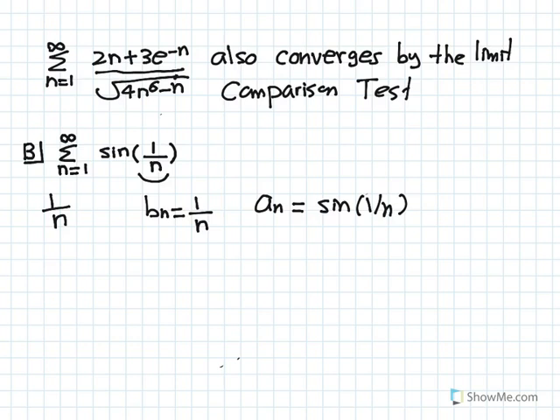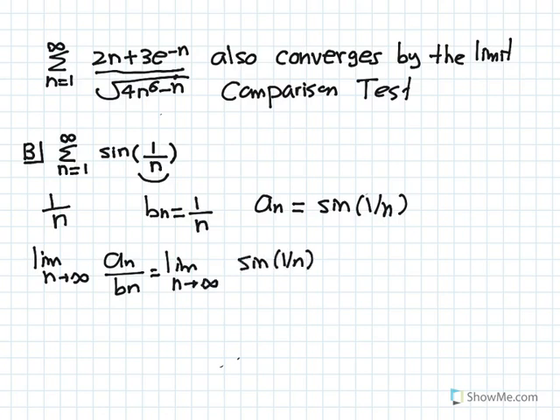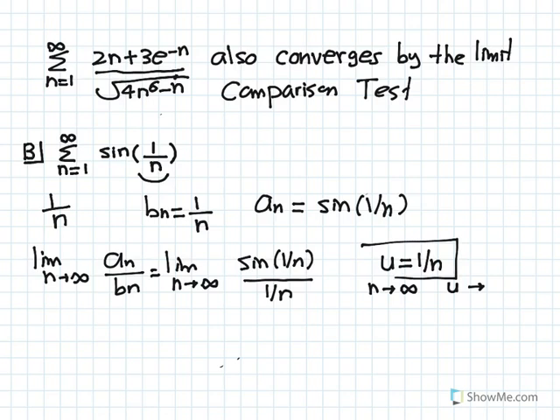So now let's write this as the limit as n approaches infinity of an divided by bn. This is equal to the limit as n approaches infinity of sine of 1 over n divided by bn, which is 1 over n. Now we're going to apply a trick here. We're going to let u be equal to 1 over n. Notice when n approaches infinity, u approaches 0 because u is equal to 1 divided by n.